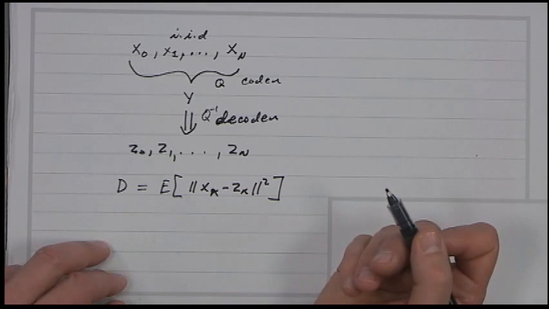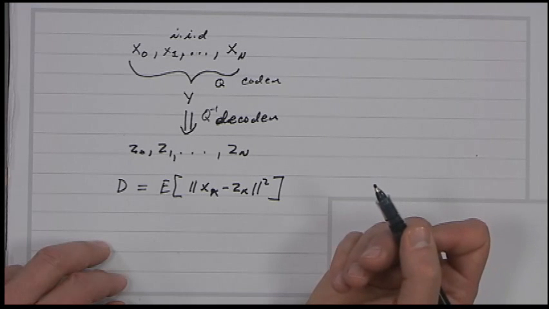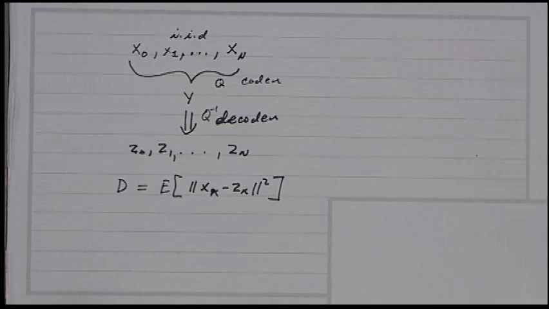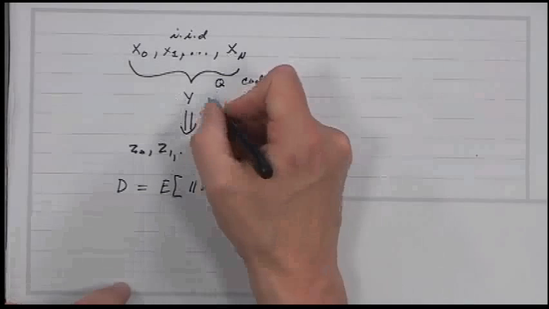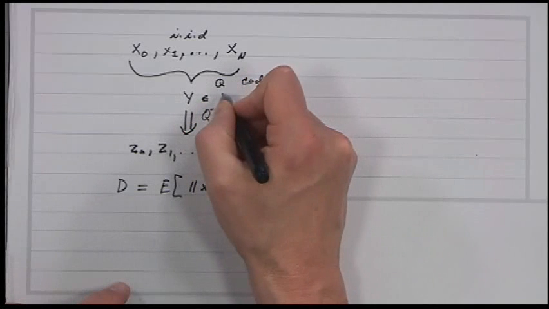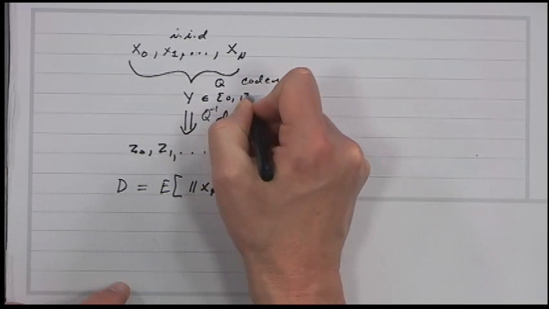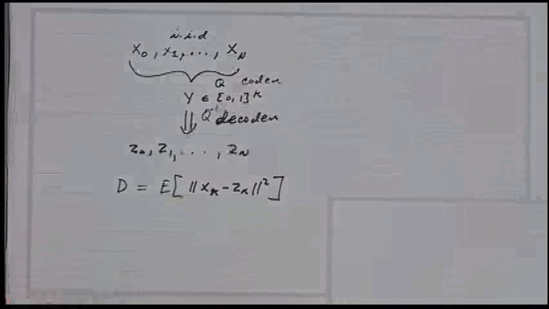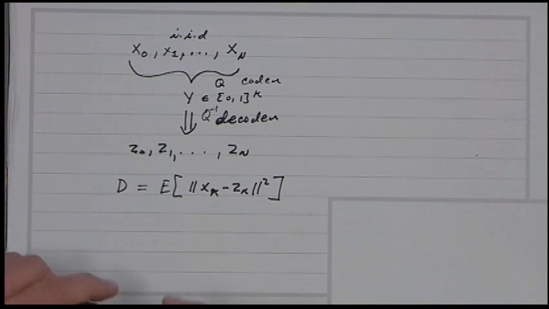And k here is the number of bits. So y here is a member of {0,1} to the k. So it's a k-bit sequence that encodes n symbols.